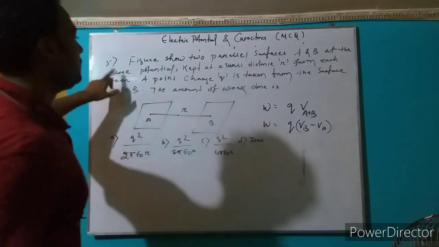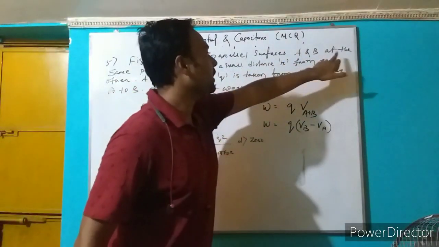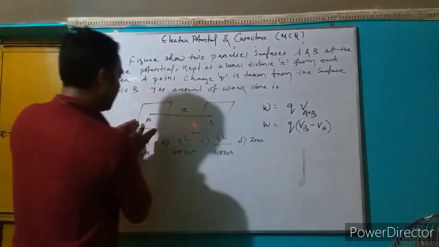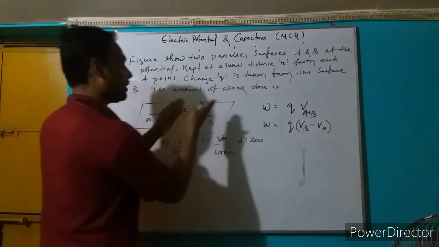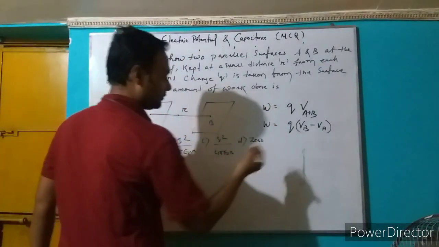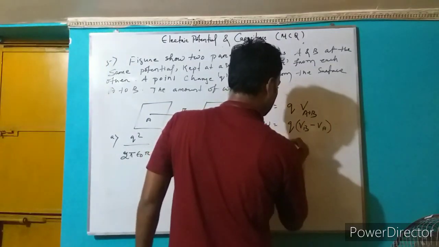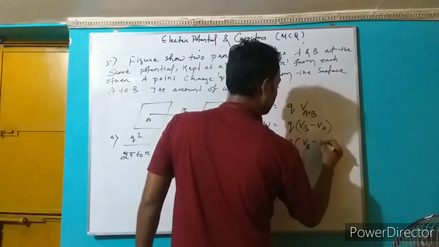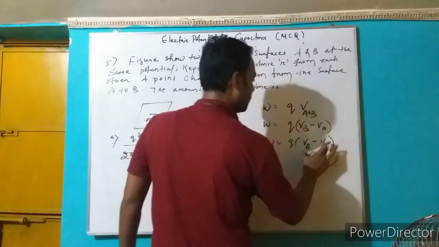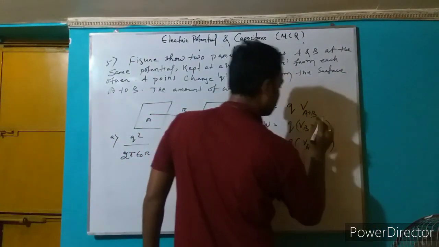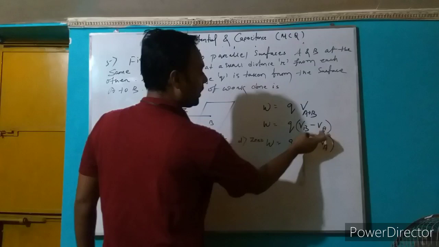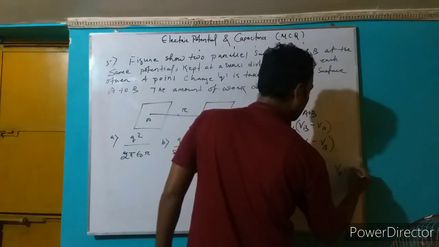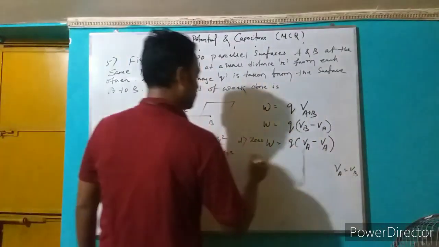Here in this question, A and B are at the same potential. That means plate A has the same potential as plate B. So VB equals VA, and we can replace VA with VB.